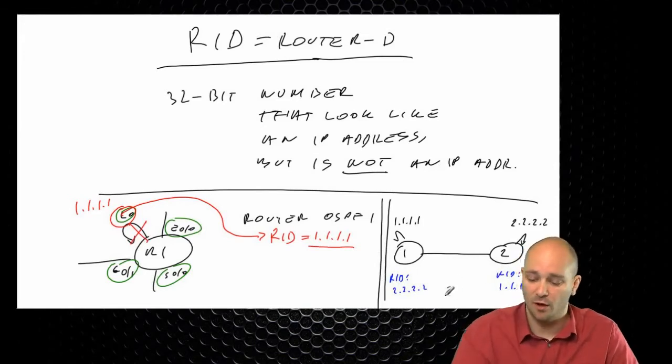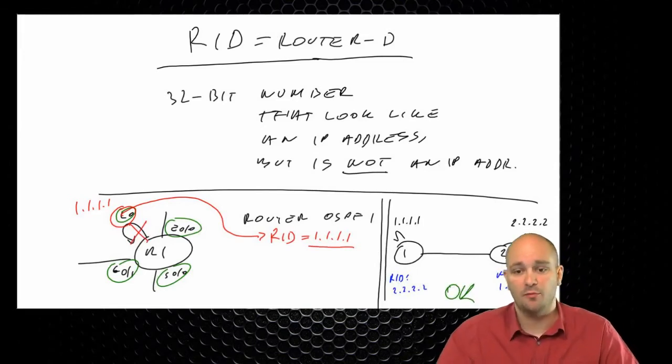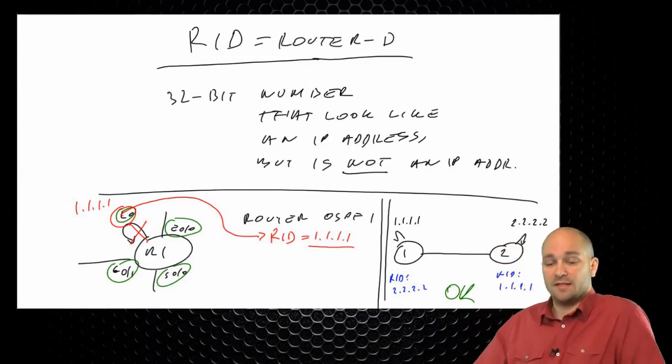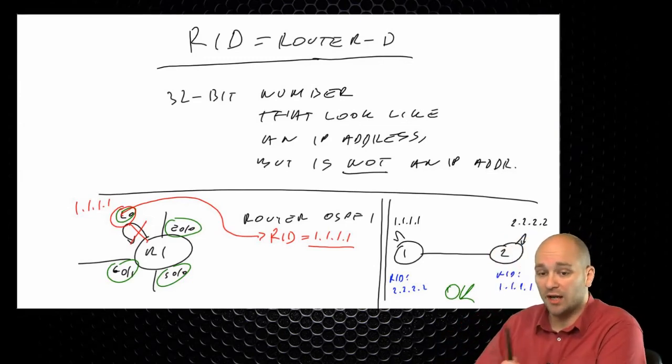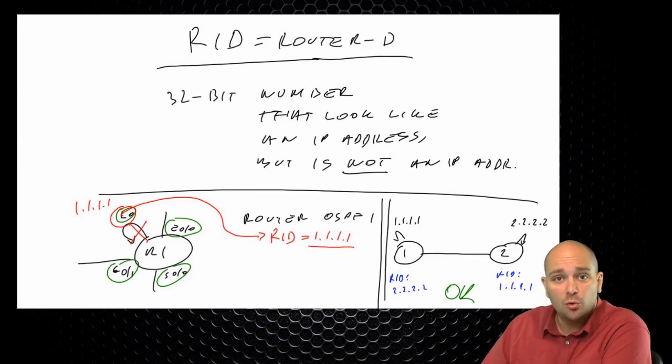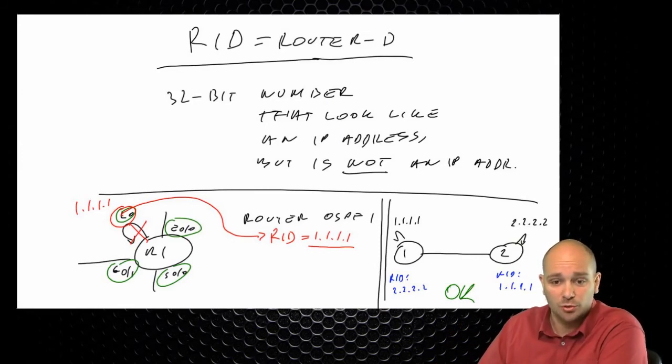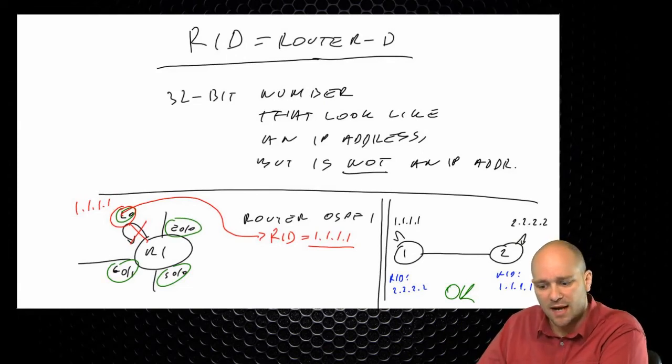This is a perfectly okay scenario. OSPF will work perfectly, sorry about this. So OSPF will work like a charm here. It's only you who will struggle to troubleshoot this in case there is a problem, because you will see that there is a loopback that has an IP address and then you have a router ID that doesn't match.